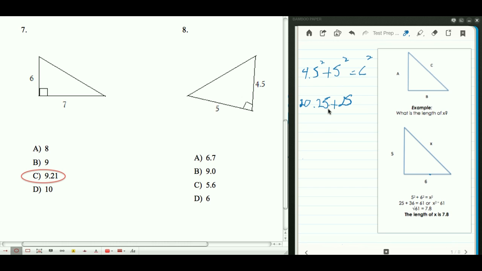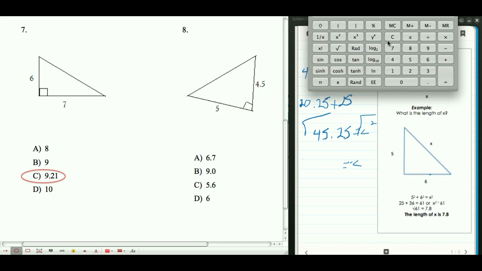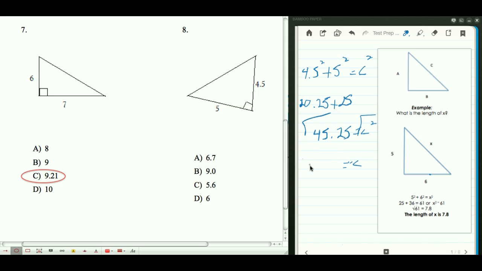So that's going to give us 45.25 is equal to c squared. So if we take the square root of that, and of the right side also, let's see if we type that in, 45.25, and then take the square root, that's going to be 6.72. That's the closest thing to it. 6.7, that's going to be A.